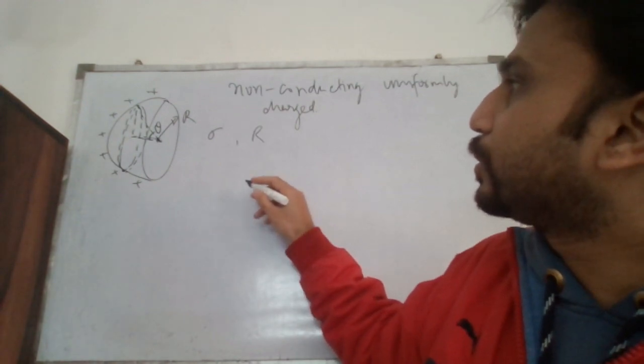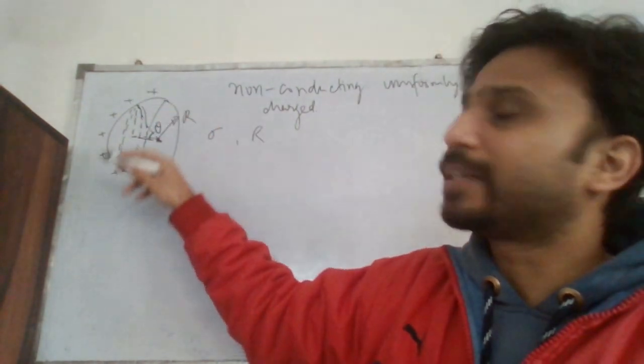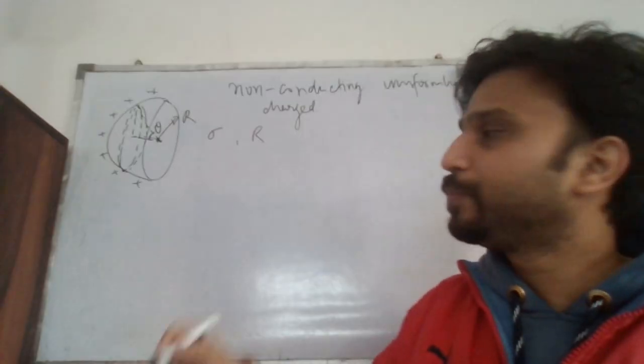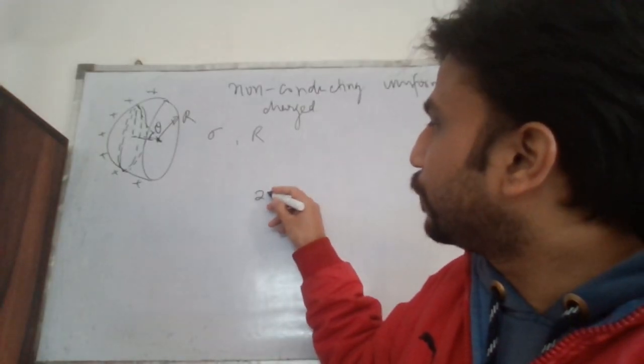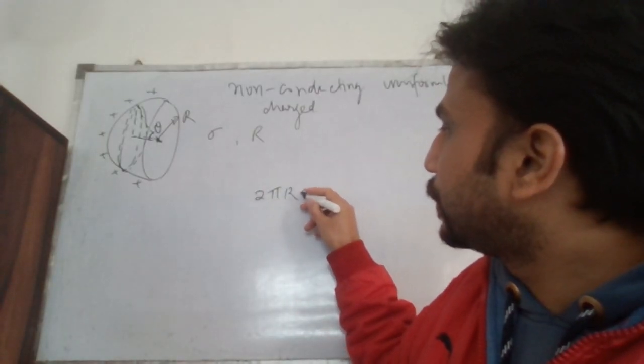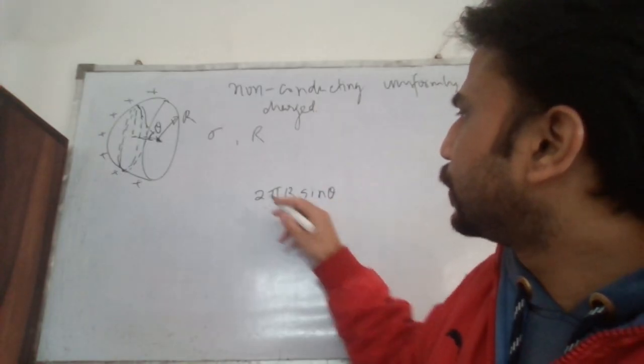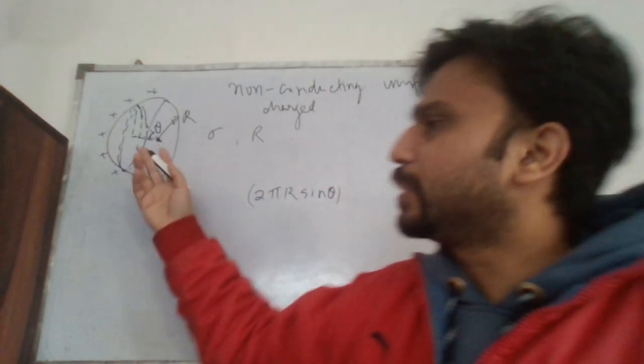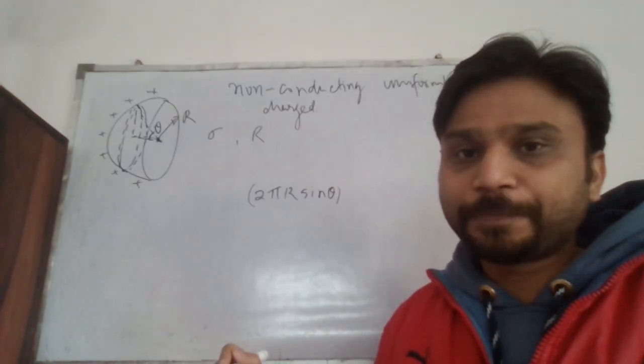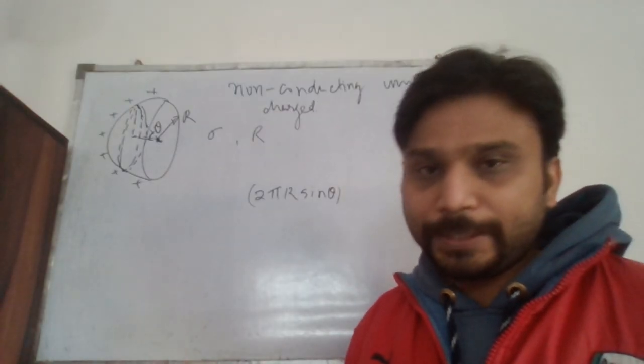So this arc has a perimeter which is 2 pi r sine theta. This is how long the circular element is.